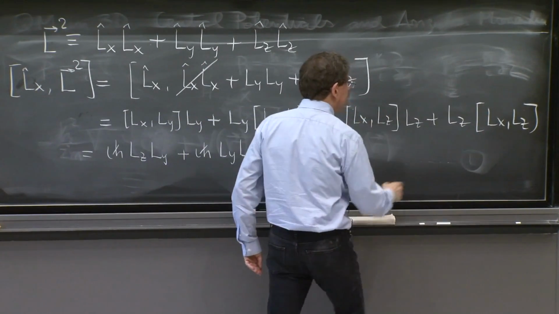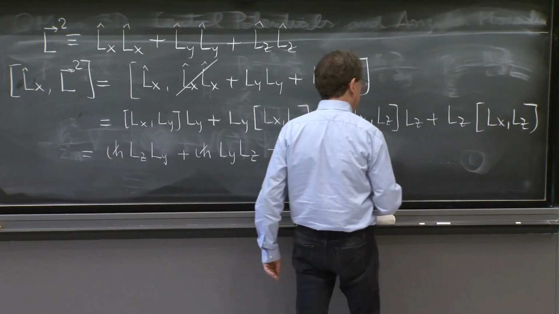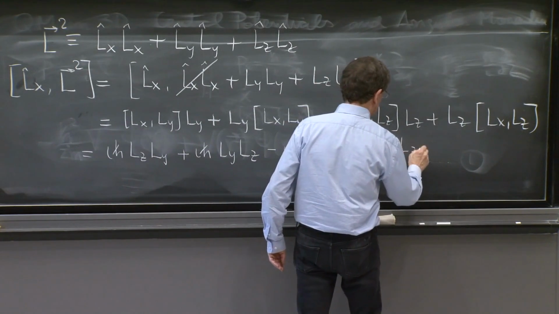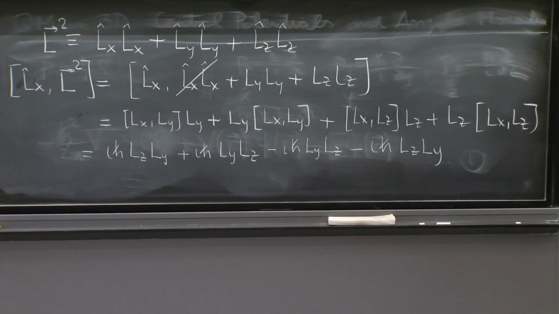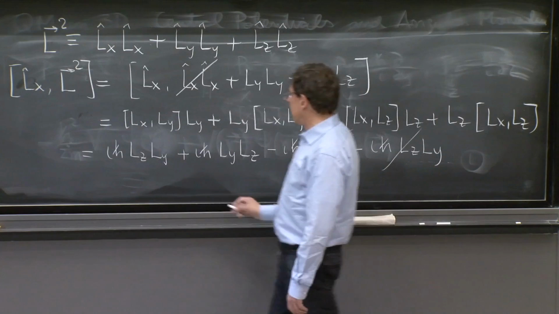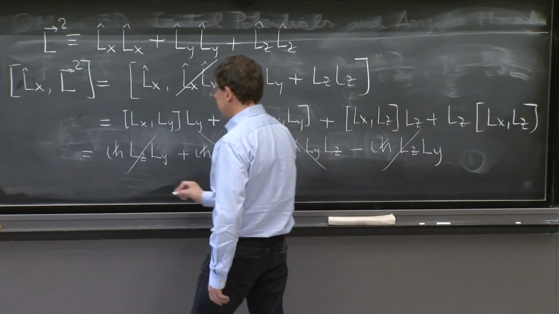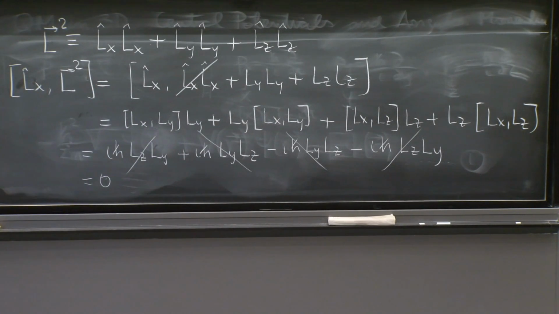And this is again, Lz with Lx would have been iħ Ly, so this is minus iħ Lz, Ly, and it better cancel. Yes. This term cancels with the first, and this term cancels with this, and you get 0. That's an incredible relief.